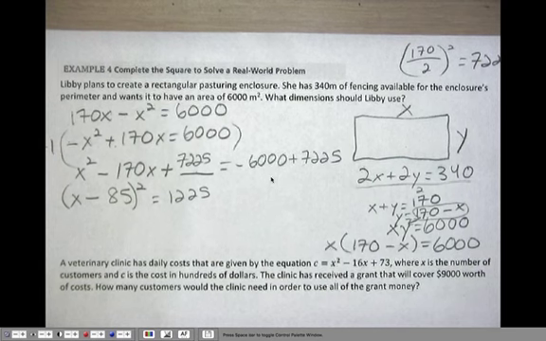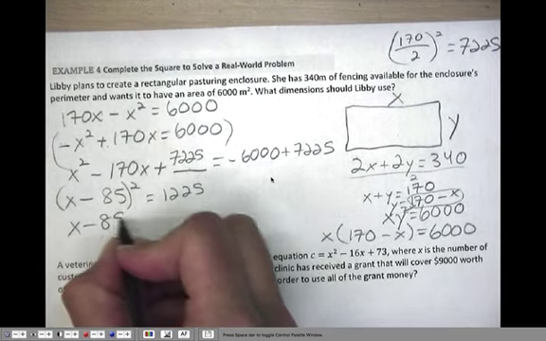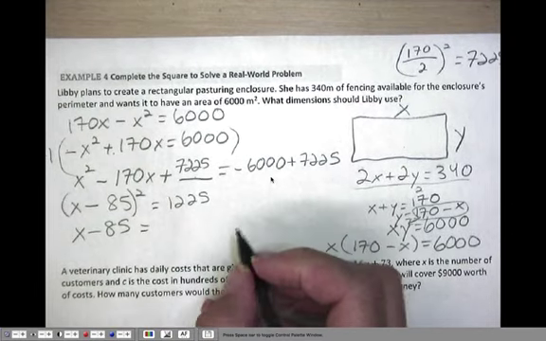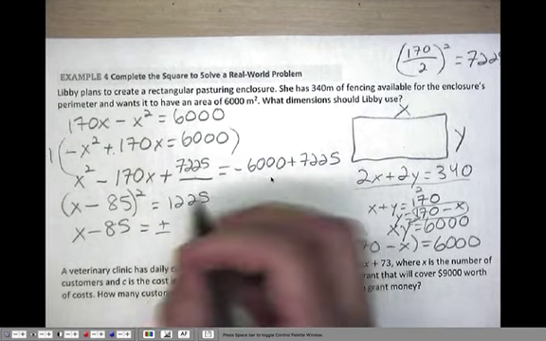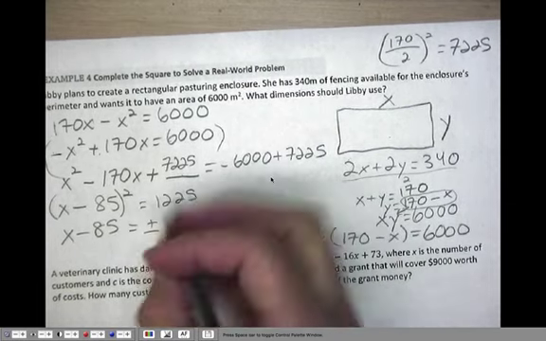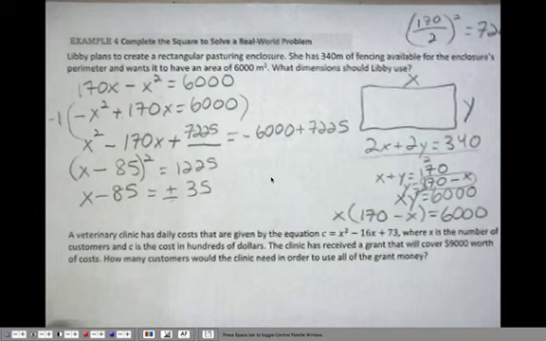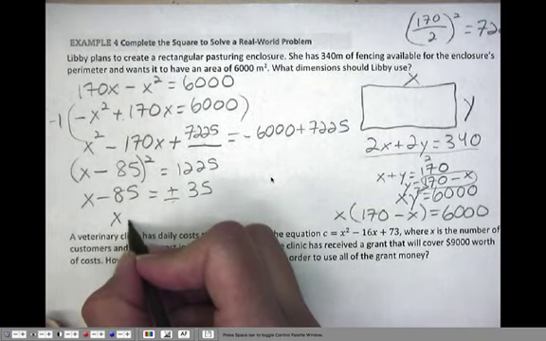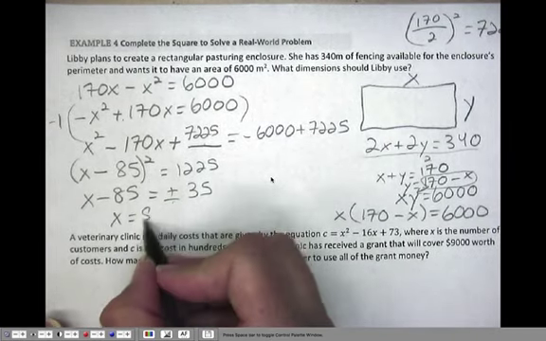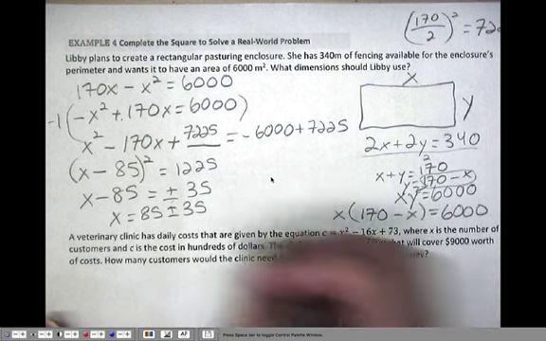So now I can take the square root of both sides. x minus 85 equals positive or negative, well, it's the square root of 1225. Hey, that's convenient, it's 35. Then finally, I add 85 to both sides. So x is 85 plus or minus 35.